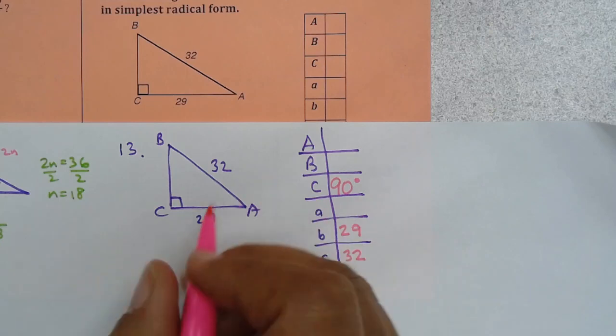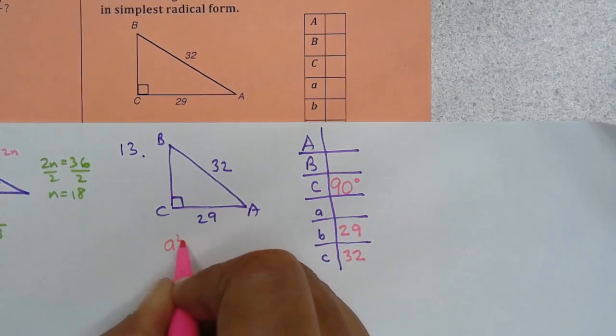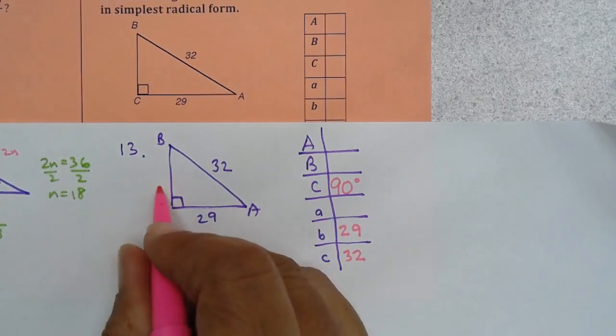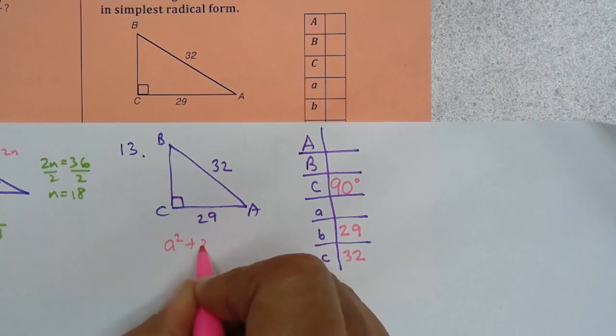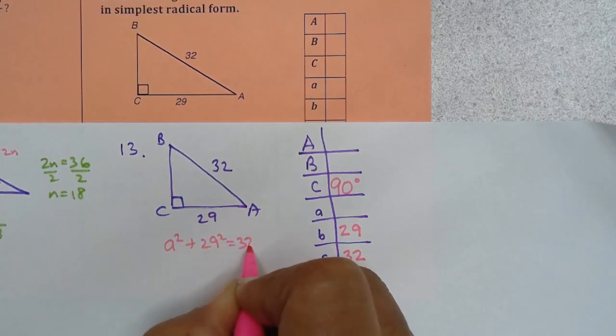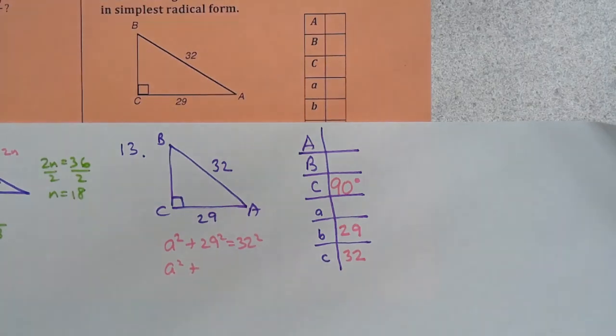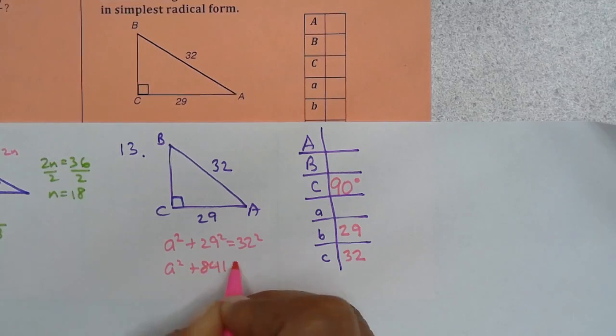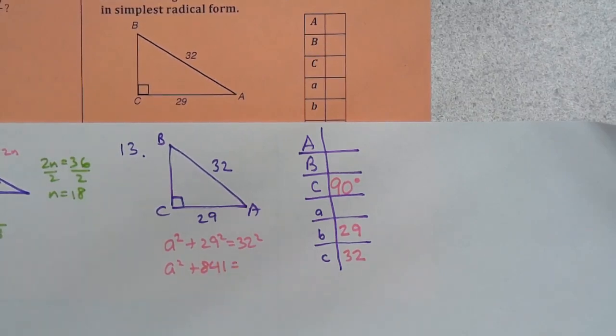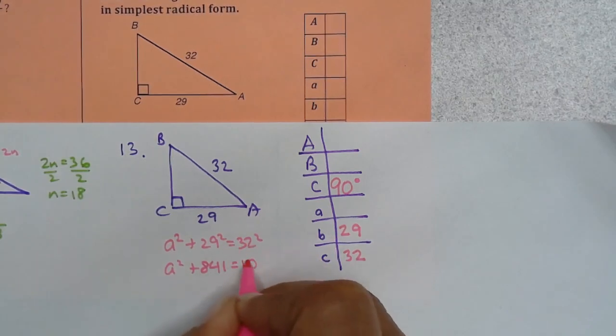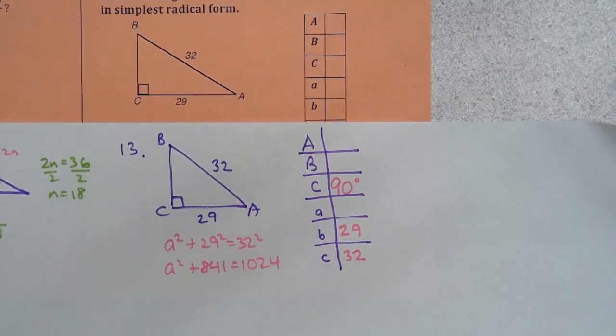So the Pythagorean theorem is a squared, which I'm solving for here, plus b squared equals 32 squared. All right, let's go ahead and find out what this is. So 29 squared is 841, and 32 squared is 1024. And if I subtract the 841 to the other side, I get 183.